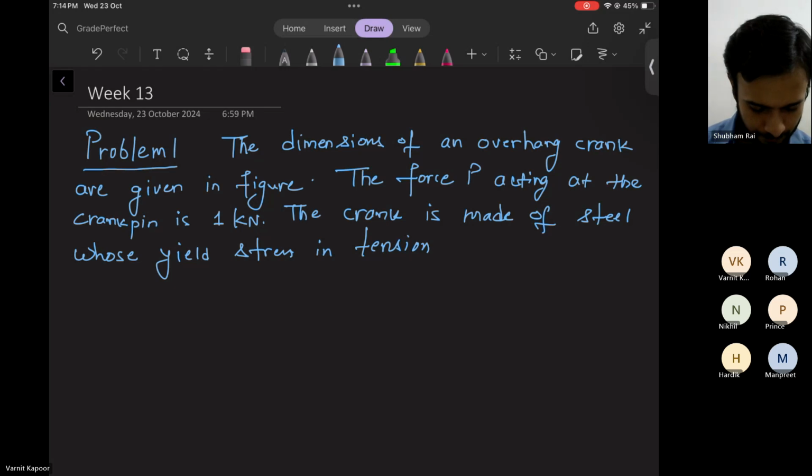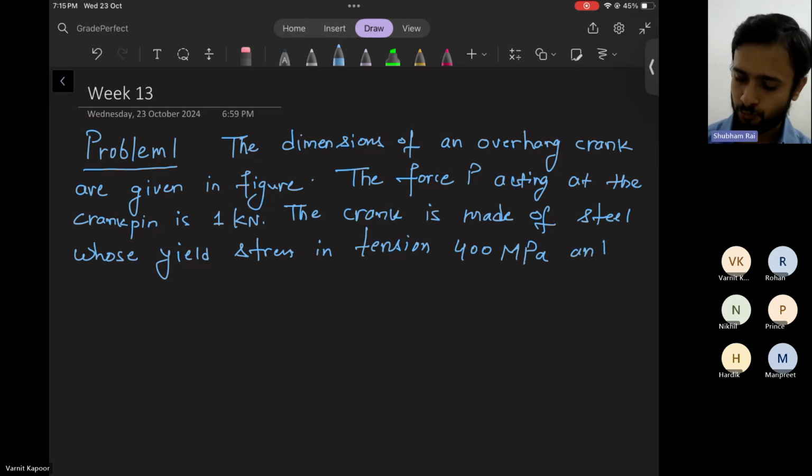That is 400 Newton per mm square, 400 megapascal. So that is the yield stress and the factor of safety is 2.